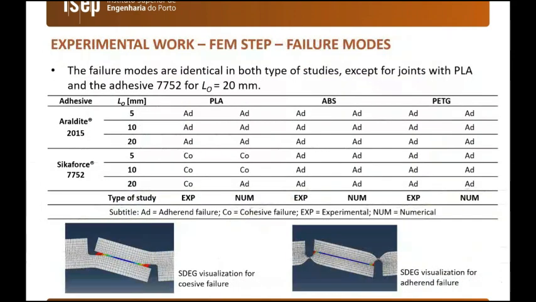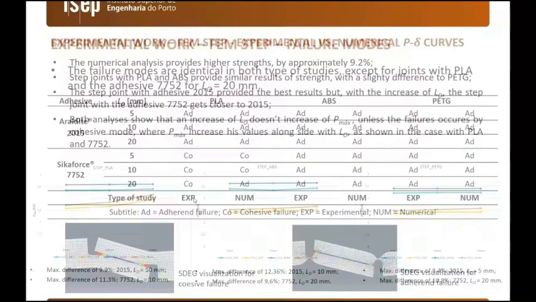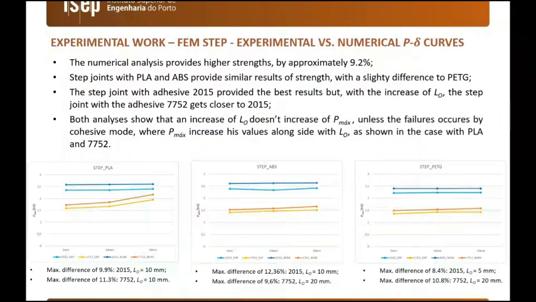On the other hand, for step joints, we also have a good agreement between failure modes. There was just one exception, which is the PLA joint with 7752 and overlap length of 20 millimeters. And in terms of maximum load, as we said before, there are no statistically relevant differences between different overlap lengths because failures were in the adherent.